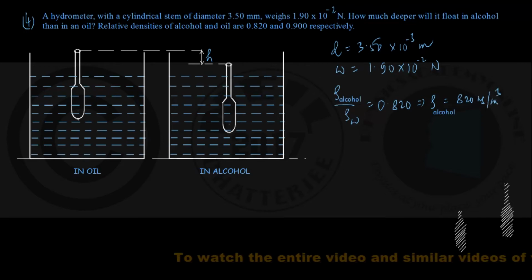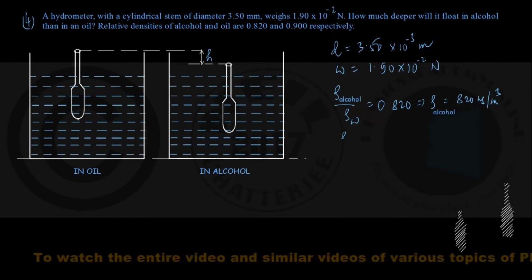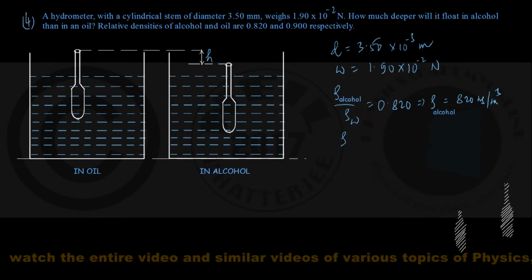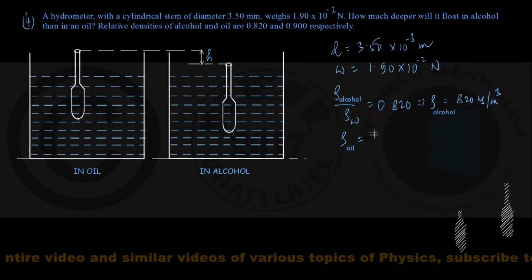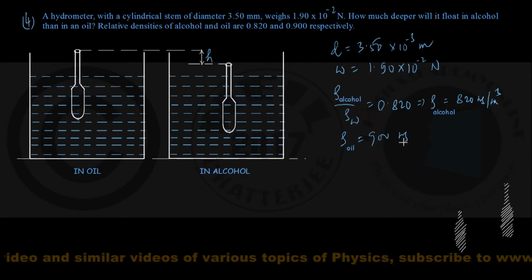Similarly, since relative density of the oil is 0.900, it follows that the actual density of the oil is equal to 900 kg per meter cube.